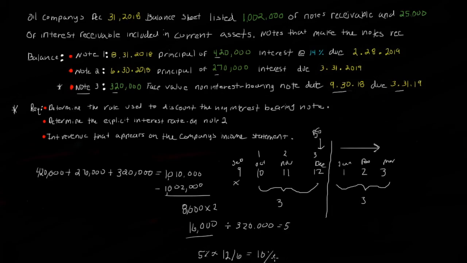And this is the discounted rate for the non-interest bearing note. So I'm going to go ahead and write this over here for our answer. 10%. Okay, we got number 1 done. That was easy. We are going to go ahead and move on to number 2.